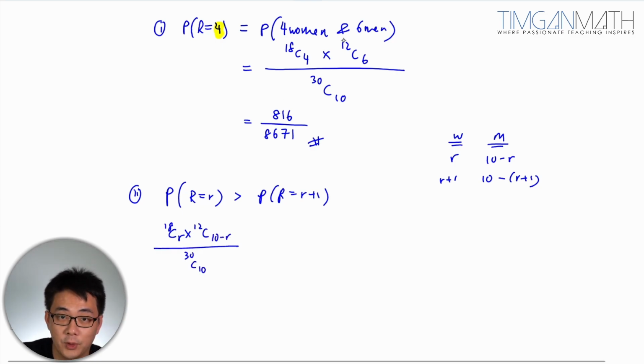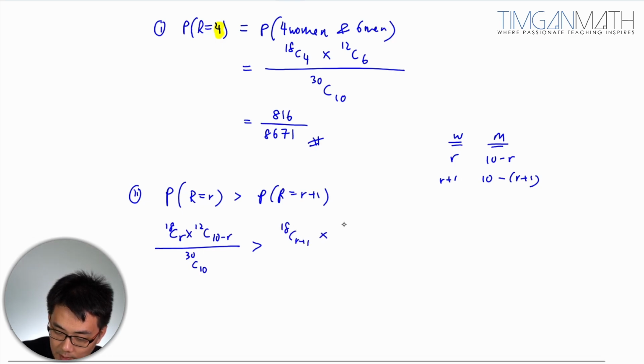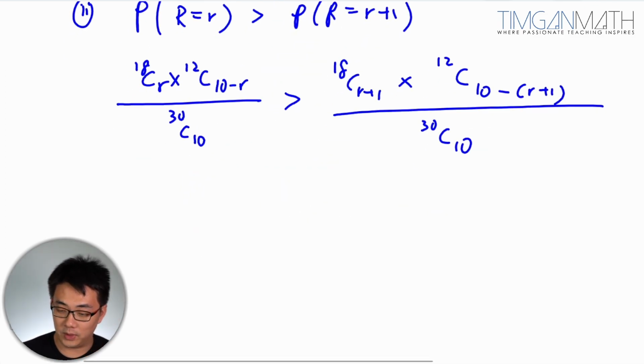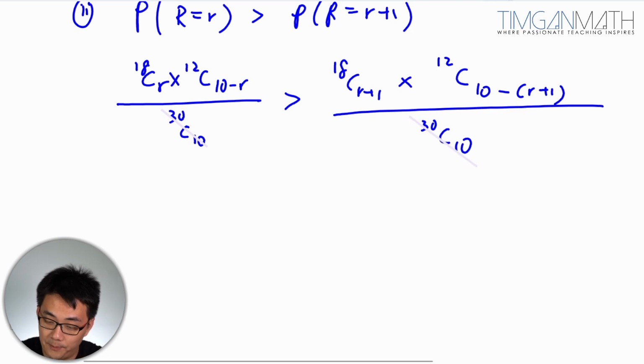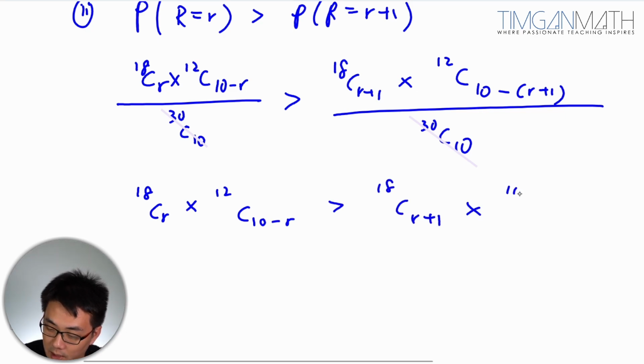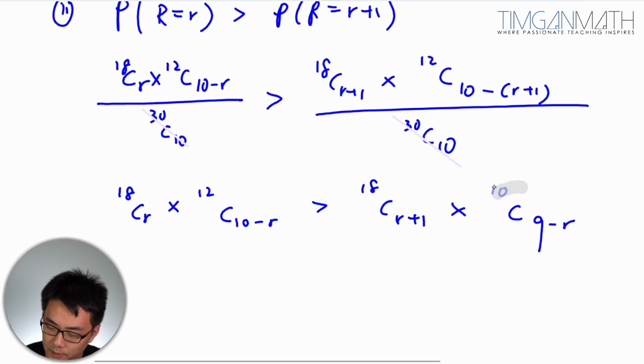This is bigger than 18 choose r + 1, multiplied by 12 choose 10 minus (r + 1) men, over 30 choose 10. Of course, these two are positive, so I could just cancel them out. Then I'm going to simplify this: 18 choose r, multiply by 12 choose 10 minus r, is bigger than 18 choose r + 1, multiply by 12 choose 9 minus r.